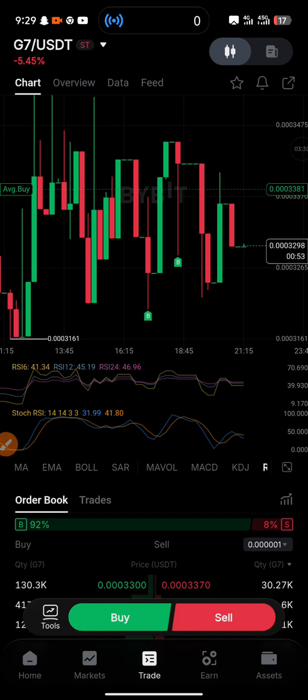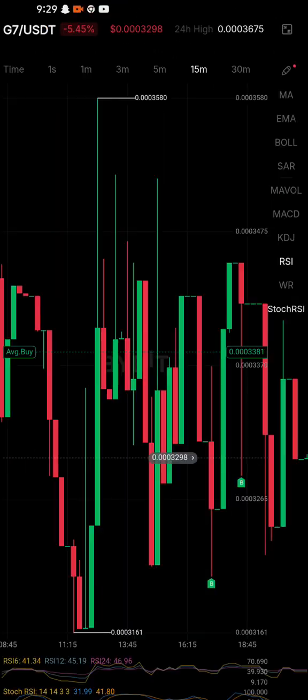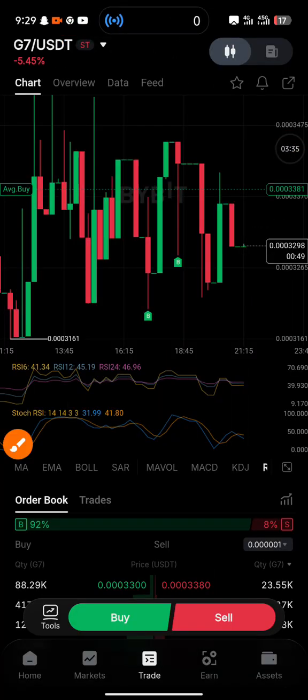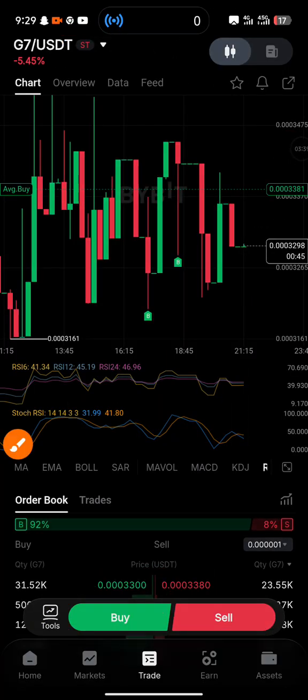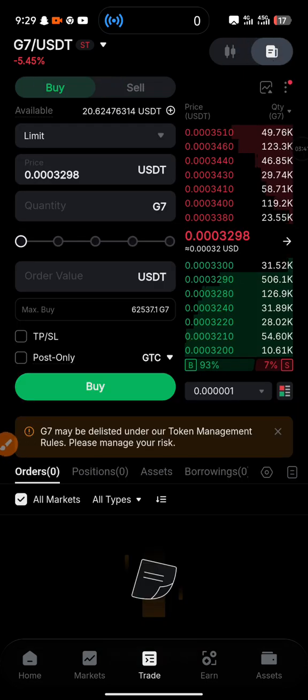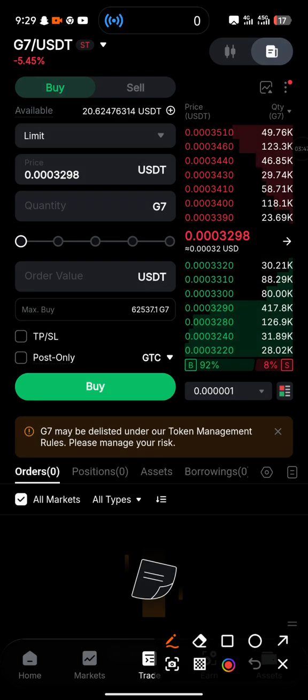So without wasting time, I'm going to click on buy because I want to buy now. If you click on buy, this is what you will see. This place shows the current price of this particular coin, known as G7.